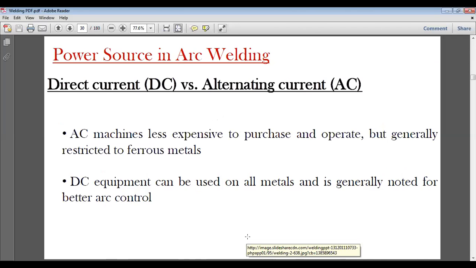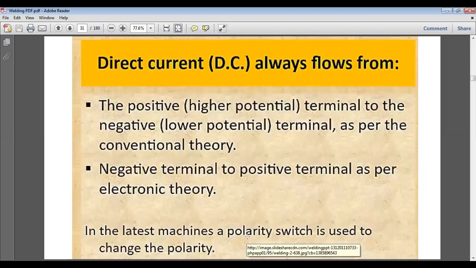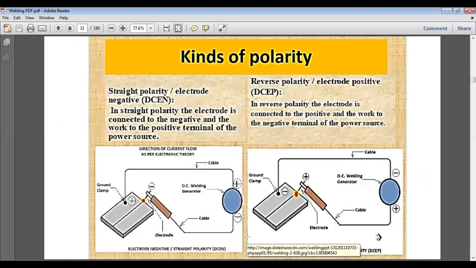So also discuss direct current and alternating current. Now this is the most important topic of arc welding. This is often asked either in practical, either in workshop or in the paper, that what is direct polarity and what is reverse polarity.